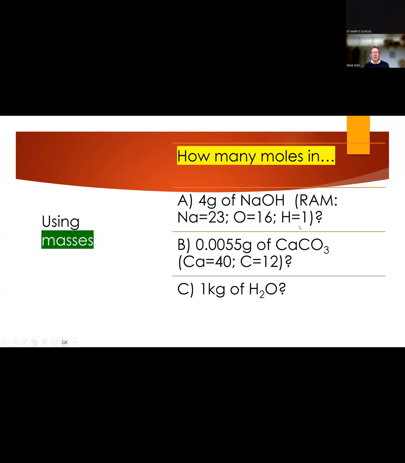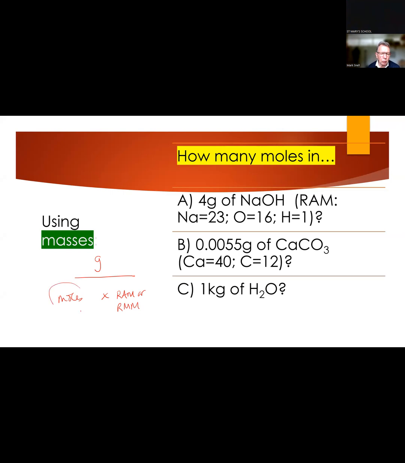Okay, so let's find out how many moles there are in these. I want you to have a go at this. So how many moles in this? Now, it's masses, and therefore the triangle we are using is grams at the top, moles down here, and RAM or RMM down here.